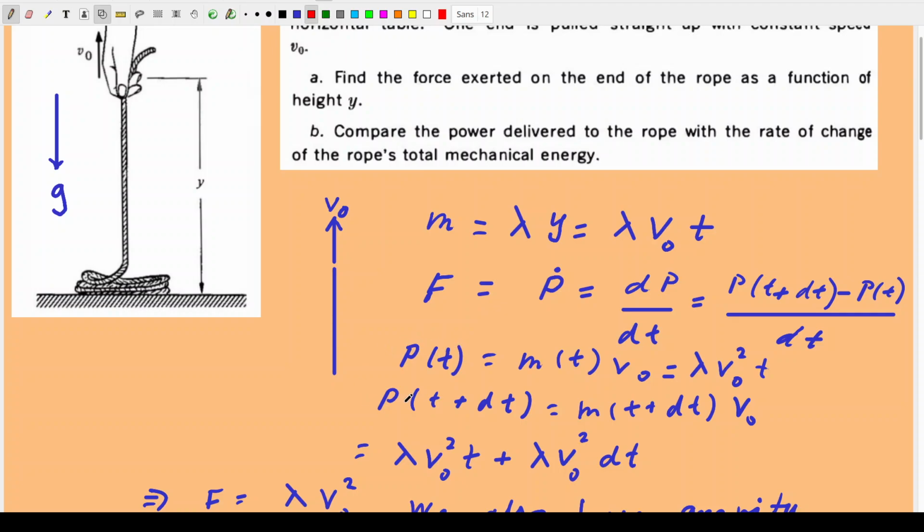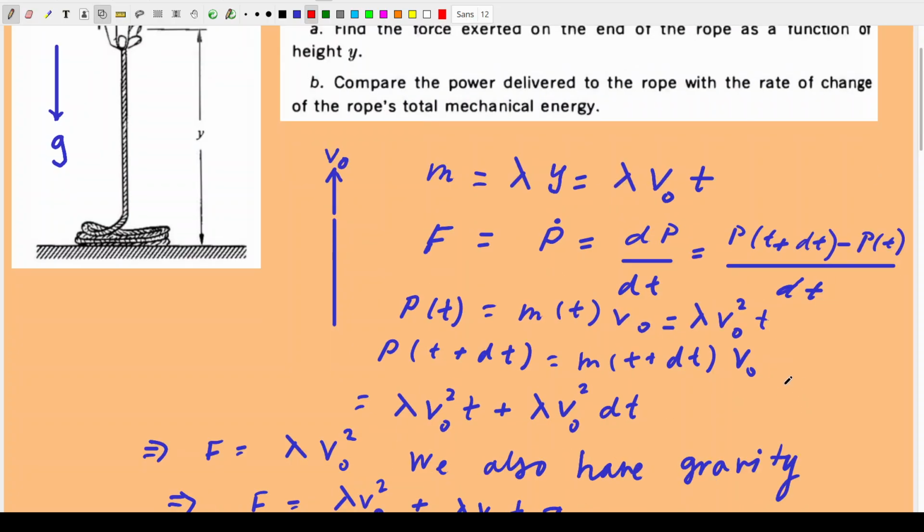And a little bit later, at t plus dt, the mass is a bit higher because the rope is longer. It moved a little bit more. So if it's time t plus dt, then you have t plus dt here, and you get two terms.